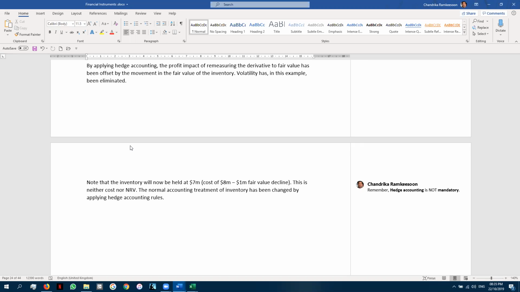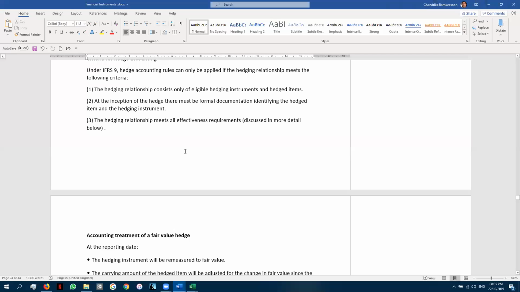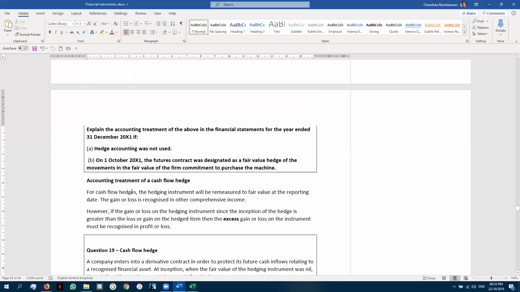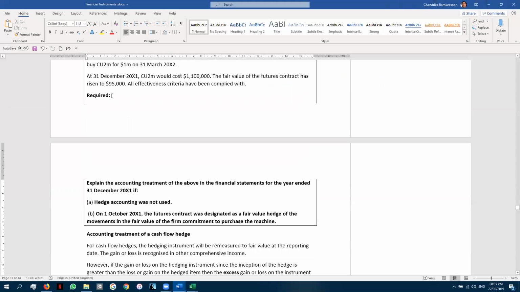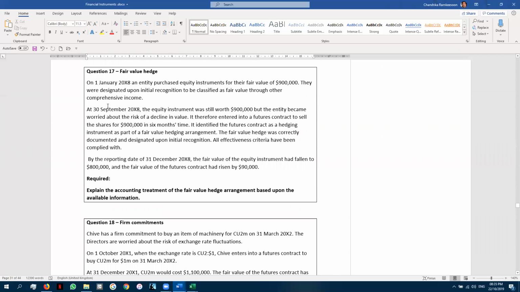But if hedge accounting is used, if the entity decides to use hedge accounting, and the entity can only decide to use hedge accounting if these criteria have been satisfied, then so be it. Okay, now we've got a couple of examples here. In fact, two of them. Firstly, these two examples, fair value hedge 17 and 18.